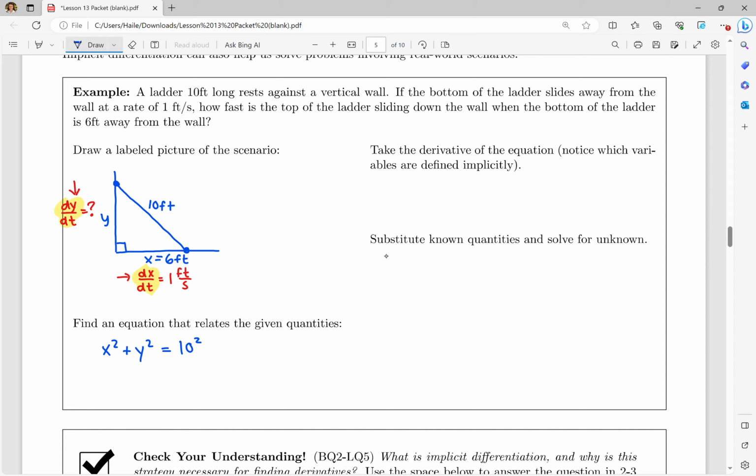So when I take the derivative of x squared, I'm going to get 2x dx dt. And when I take the derivative of y squared, I'm going to get 2y dy dt. And that's equal to 0, because the derivative of 10 squared is just a constant, so it's 0. Okay, so now I have my equation that's going to relate every single quantity in my picture, both the red quantities and the blue quantities.